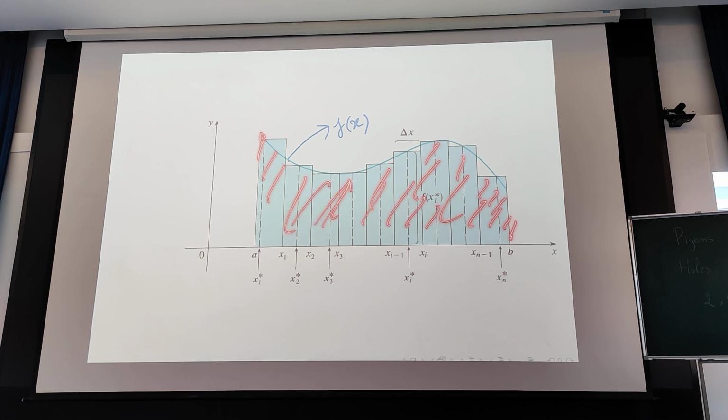And the number one question is, can we find the area of this region? The answer is the definite integral gives you the area of this region under the graph of function f and above the x-axis.